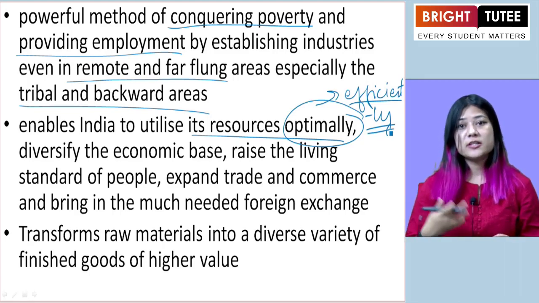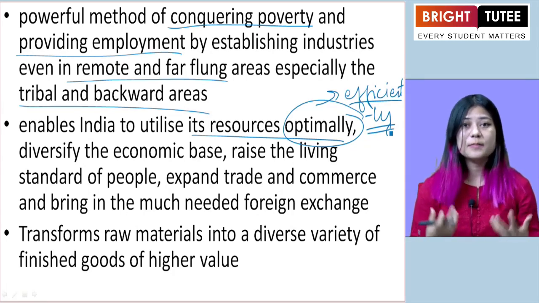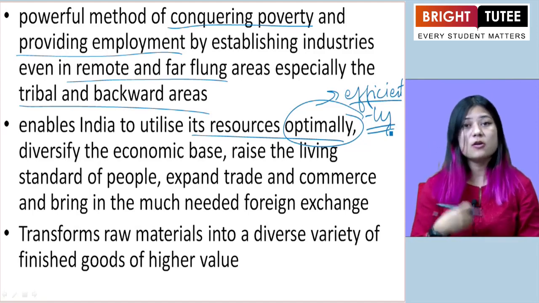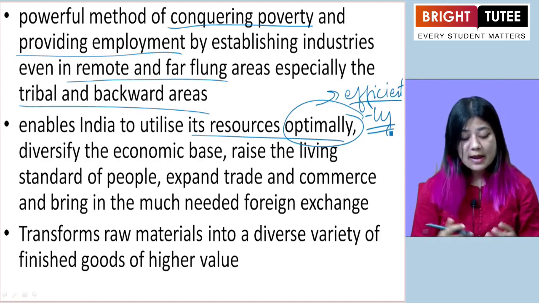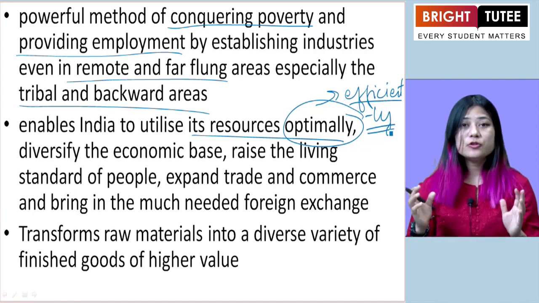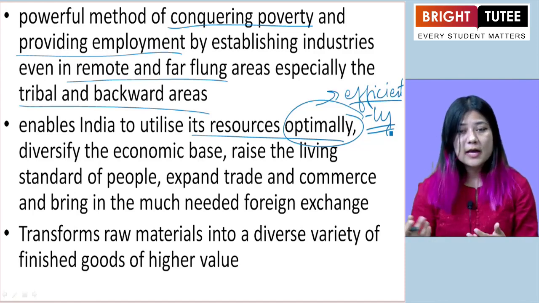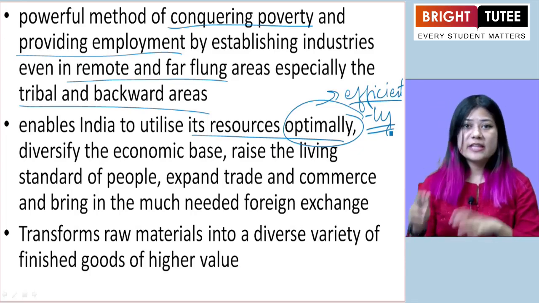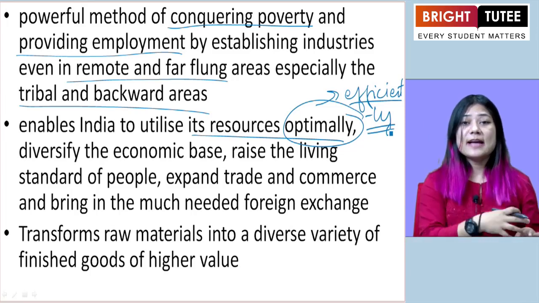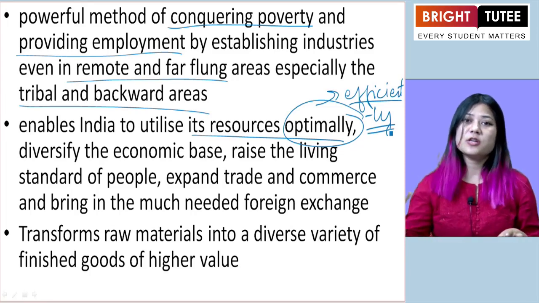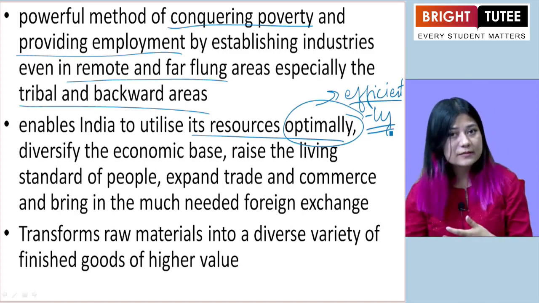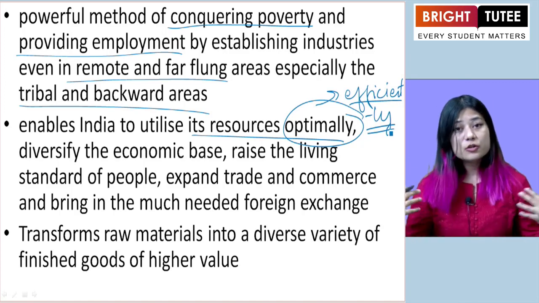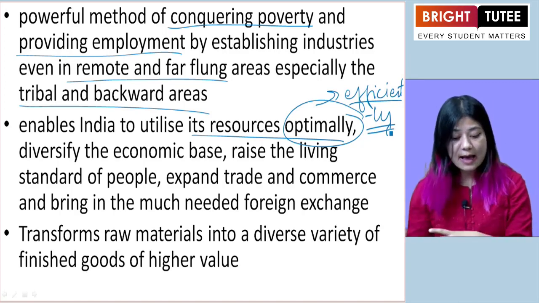So if the manufacturing industries are well developed in our country, then the available resources can be used optimally, in a proper way. There are so many people ready to work, so many who are skilled, educated and healthy, so they can be put to work, and that can help increase production and economic activities, and that contributes to the economic development of a country. So with the use of resources, that can happen.